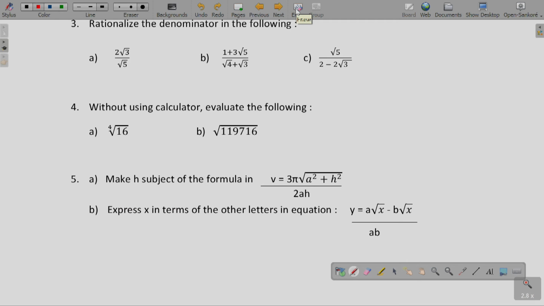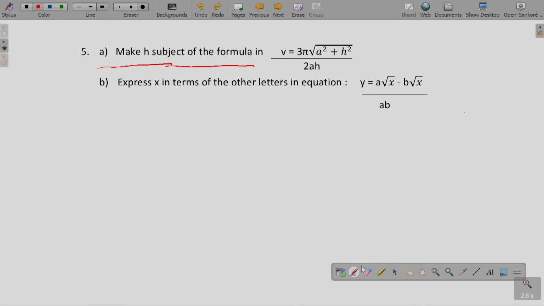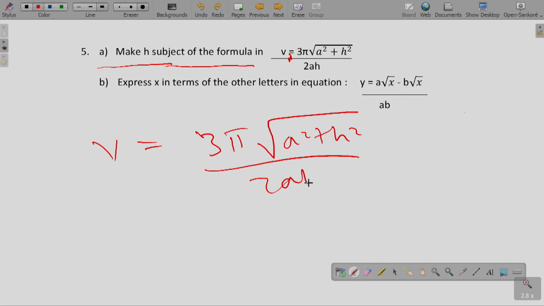Let's finish with the last questions. The question says, make h the subject of the formula given this one. V is equal to 3 pi square root of a square plus h square over 2ah.